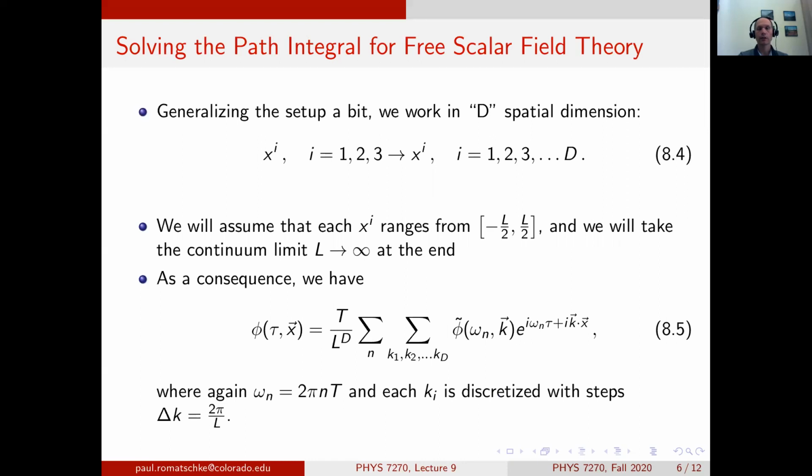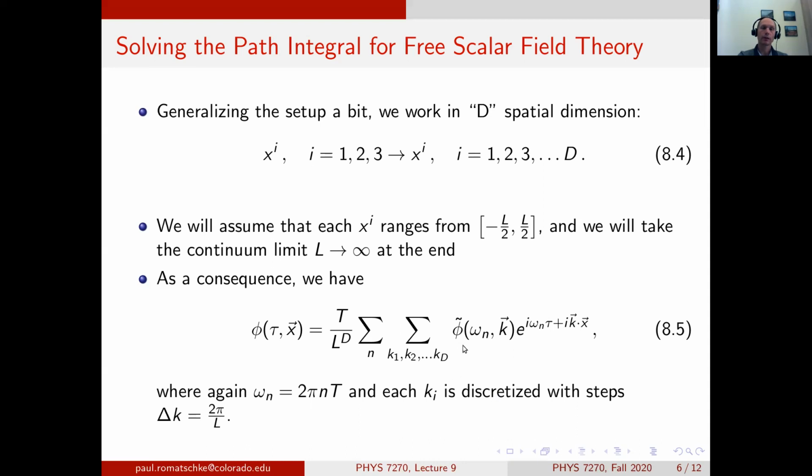So now that we've clarified what the size of the system is in each direction, we can write down the Fourier transform. So our field phi that depends on imaginary time tau and the coordinates x vector will be a sum over all these directions. So we have our sum over the Matsubara frequencies n in front. These are the ones that are the conjugate variables to imaginary time.